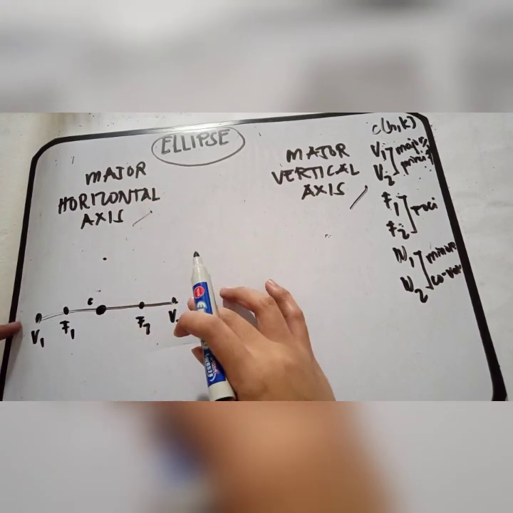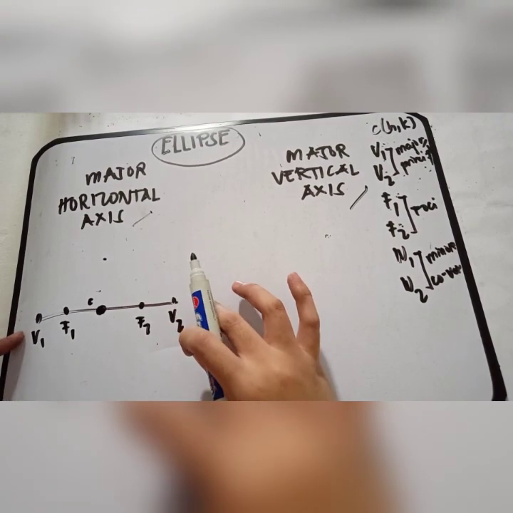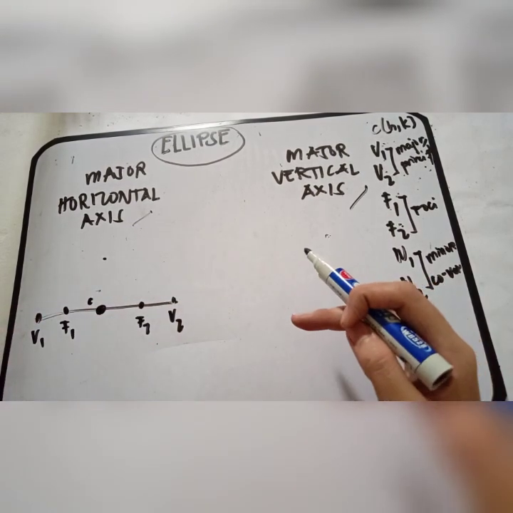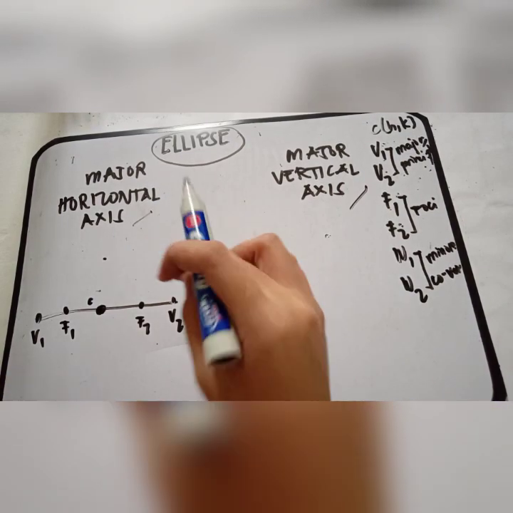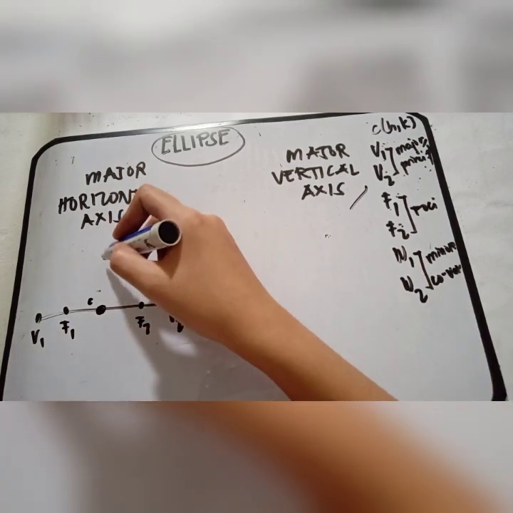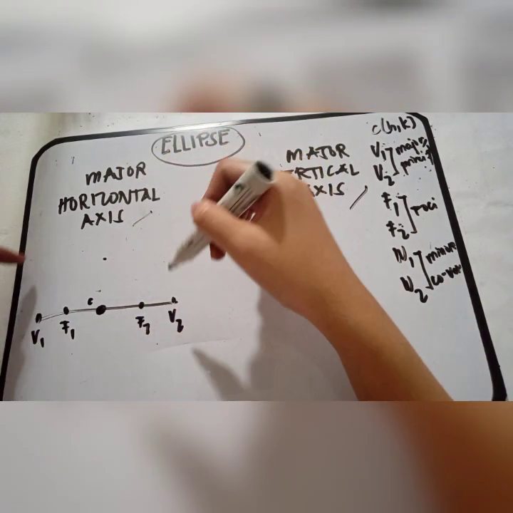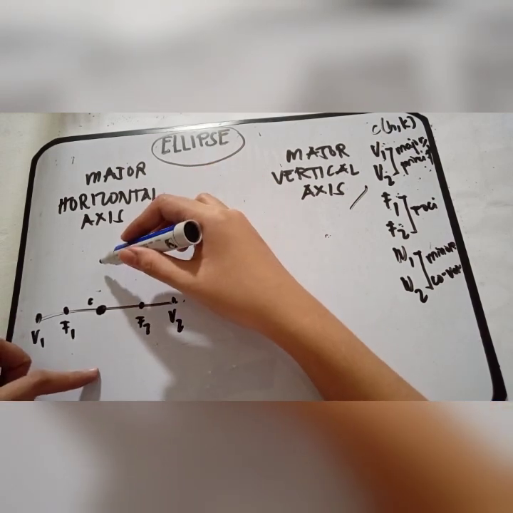So, ibig sabihin, pag major horizontal axis, mas mahaba yung x-axis natin or yung horizontal na line kaysa sa vertical na line. That's why it's called minor. Ibig sabihin, mas maliit siya na line. Okay? So, sa horizontal axis, ang major axis mo is x-axis, yung minor axis mo is yung y-axis.